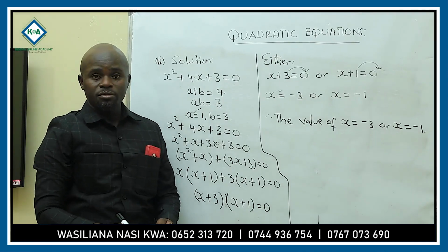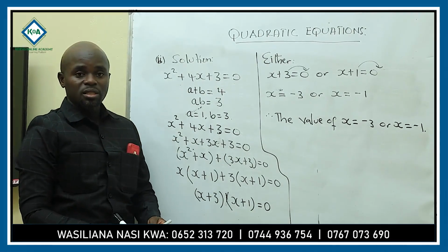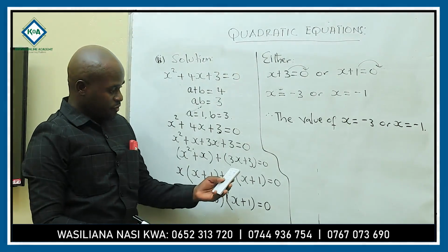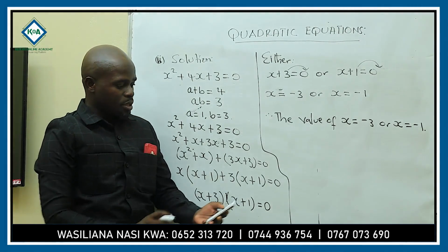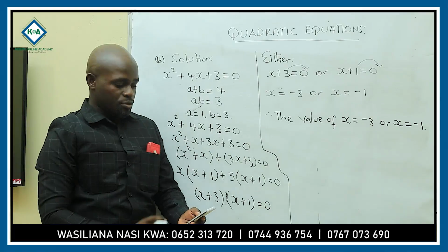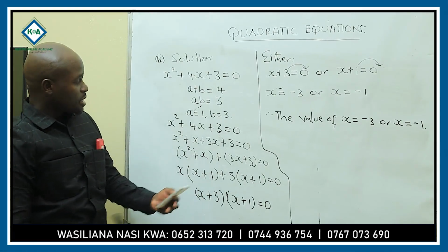You try yourself to do these two other examples to see how we can solve quadratic equations by using the factorization method. So I finish by doing the third example, then there are 2 examples remaining. You try yourself to do the rest. So let us go to number 3, which is C.